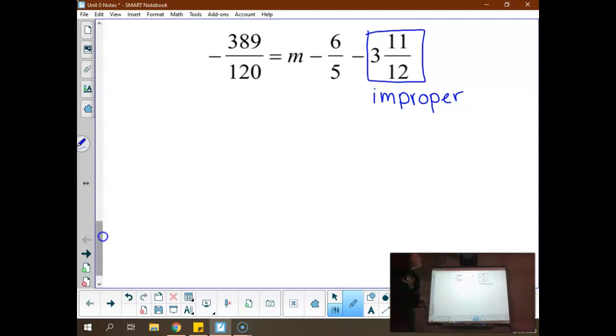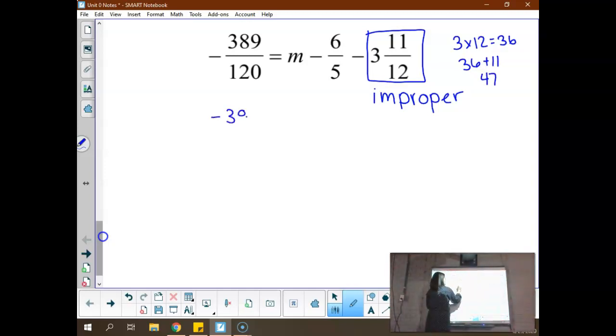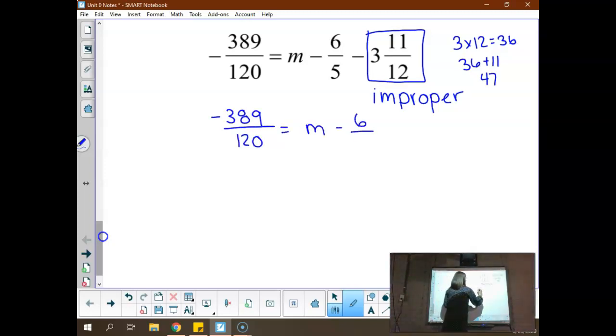So to do that, I need to go 3 times 12, and that gives me 36. 36 plus 11 gives me 47. So my new fraction is going to be minus 47 over 12.